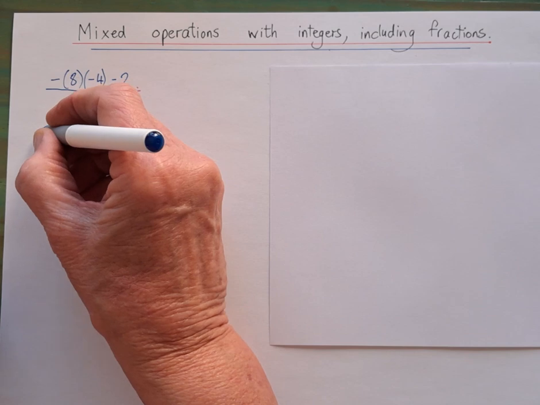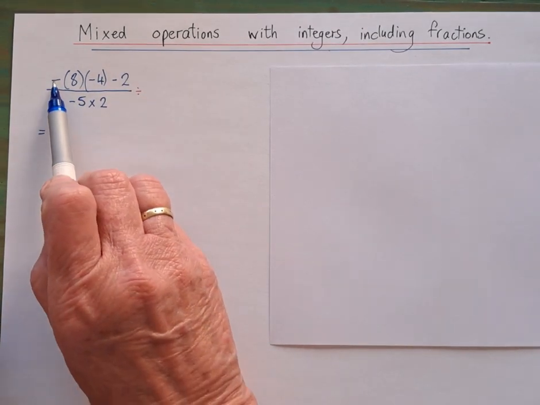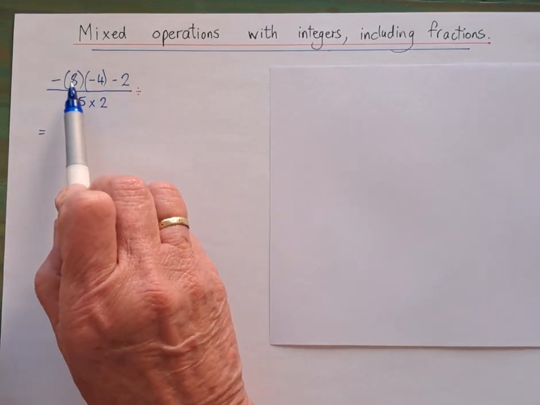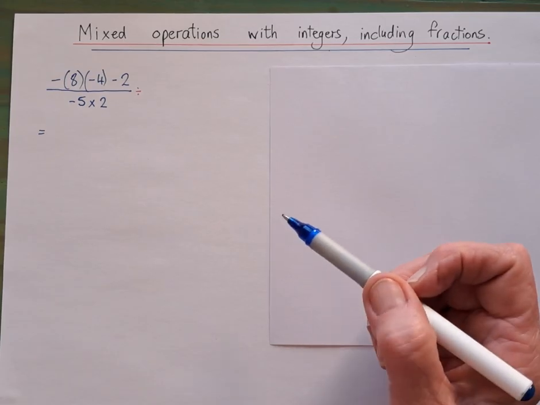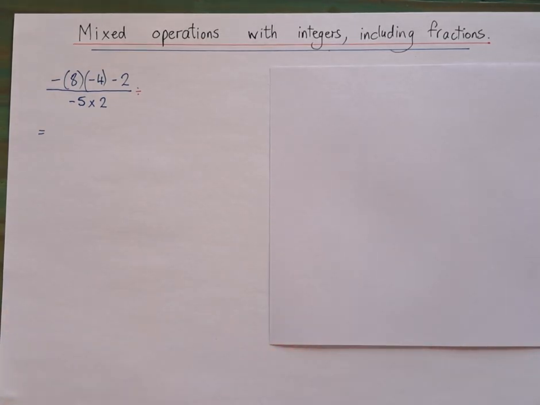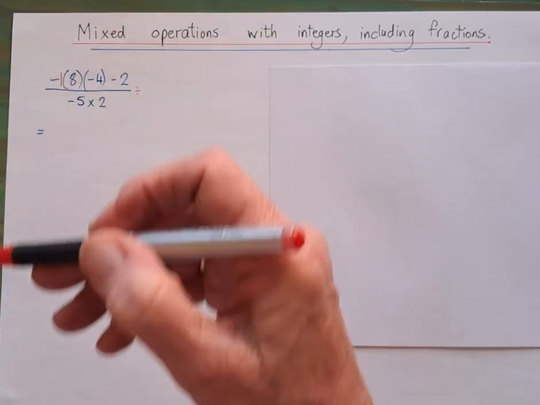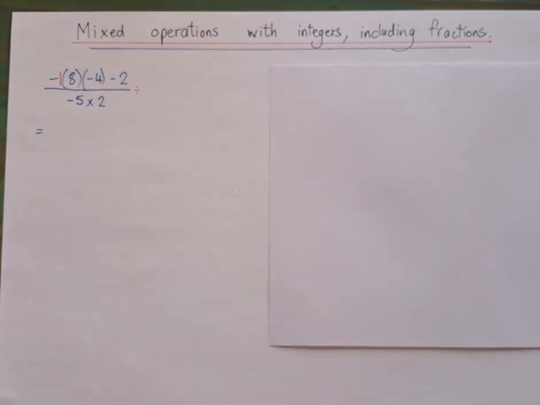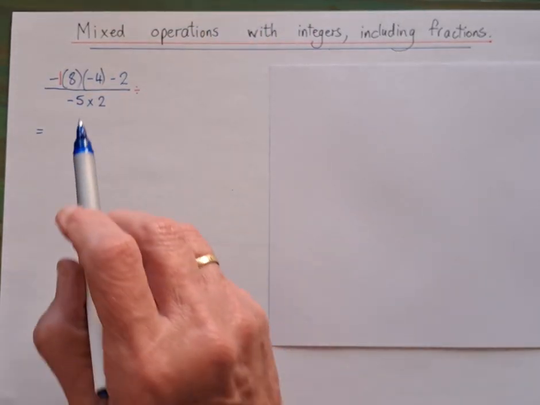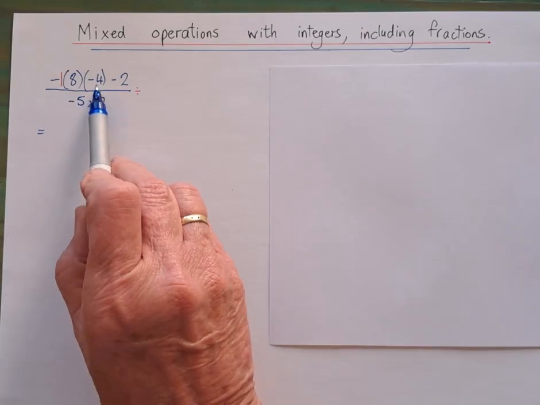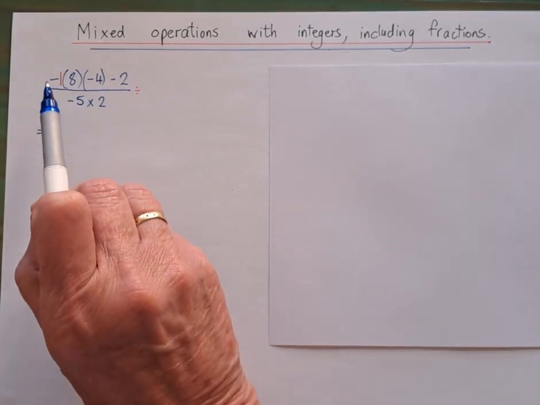So looking at the first part, where we've got negative, bracket, bracket, all of that needs to be multiplied together. And remember that when there's a negative in front of a bracket, it's actually meaning -1, but we don't worry to write it in. So to multiply these three things together, we're going to do signs first.